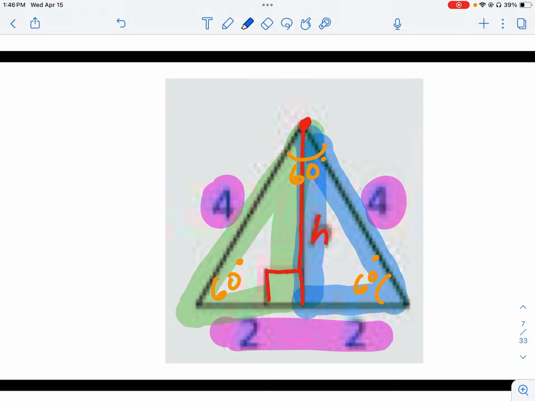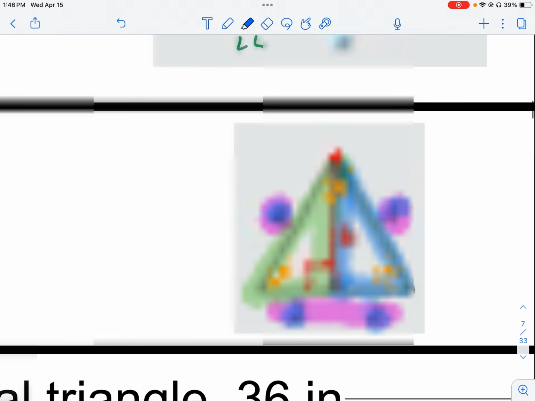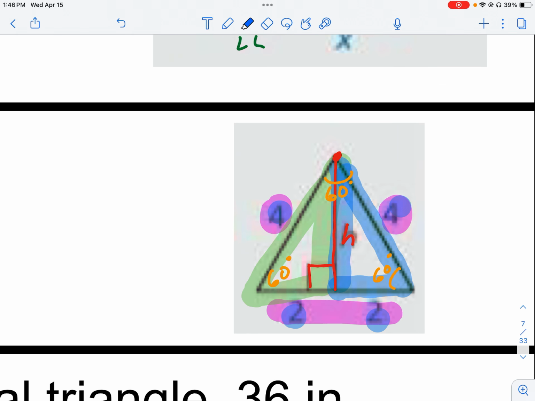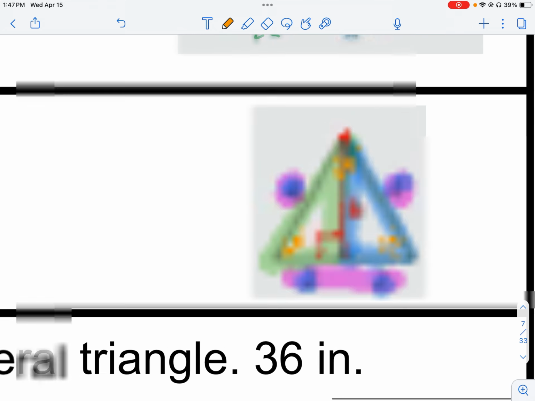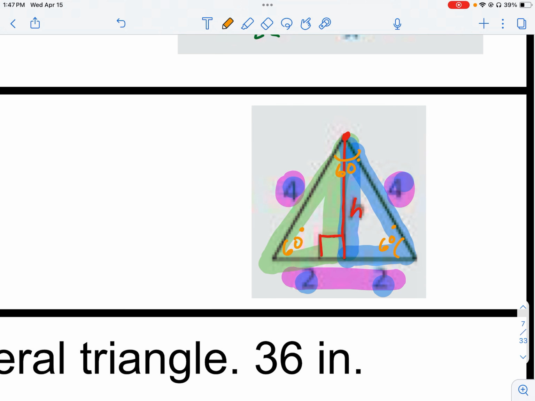They are similar triangles with a scale factor of 1 because the hypotenuse is the same. The short side is the same in both. So my h is going to be the same in both. Well, h is the long leg of my 30, 60, 90 triangle. So h is going to equal 2 times radical 3 or 2 radical 3.